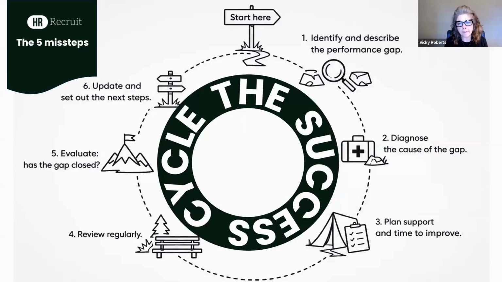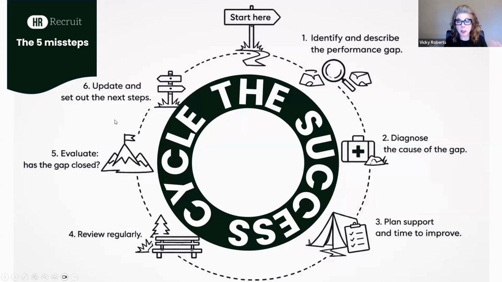But I find if you share with managers that whether you are managing in the probationary period, managing underperformance, or dealing with something formally through your performance management process, each step is essentially one run around the cycle. And what this really helps to do is keep the conversations moving.